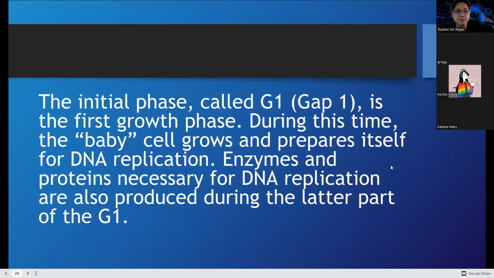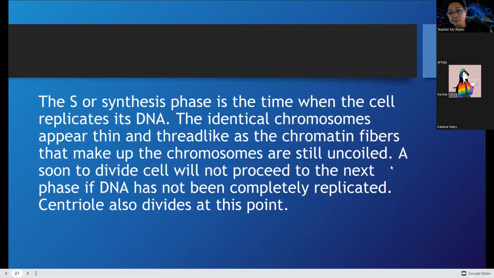During this time, the baby cells grow and prepare themselves for DNA replication. Enzymes and proteins necessary for DNA replication are also produced during the latter part of G1. The S phase or synthesis phase is a time when the cell replicates its DNA. Why do we need to replicate the DNA? In order to copy the genetic characteristic of the parent cell.